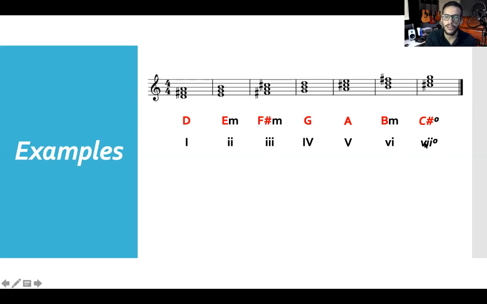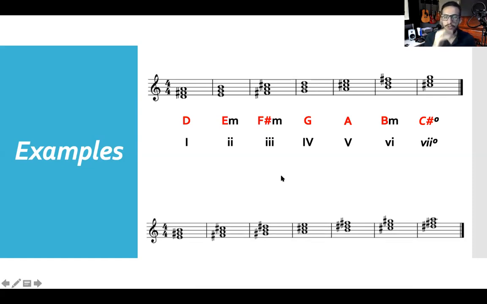And here, the lowercase Roman numeral for 7 with the little circle on the right. So again, even if it's D major, another scale, not C major, the chords remain the same. 1, 4, and 5 are major, 2, 3, and 6 are minor, and 7 is diminished.